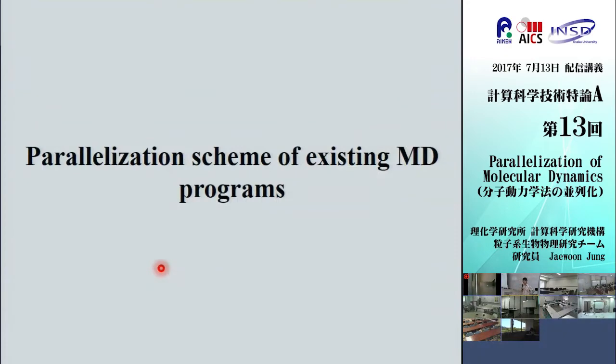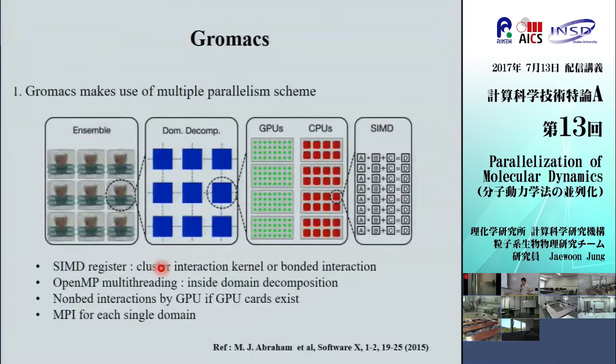The first MD software I will discuss is GROMACS. In fact, nowadays, I think GROMACS is one of the fastest MD software. In fact, this is designed very well, and the parallelization is also very good. GROMACS makes use of a multiple parallelism scheme.